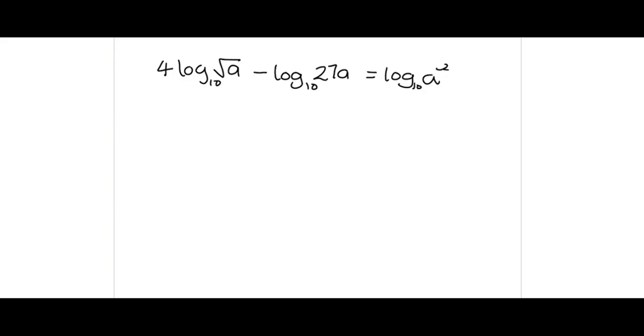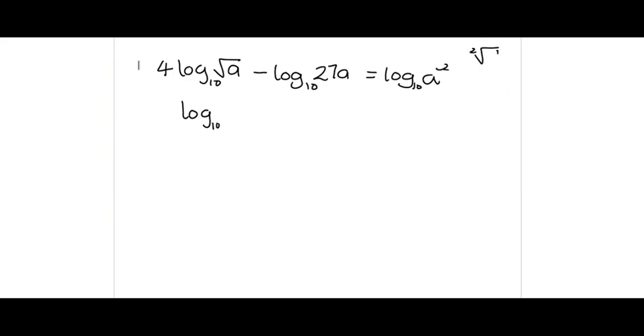First, we know that the root of a number is the same thing as that number raised to the power of half, because this square root and this raised to the power of 1 over 2. So this whole thing is equal to a raised to the power of 1 over 2.